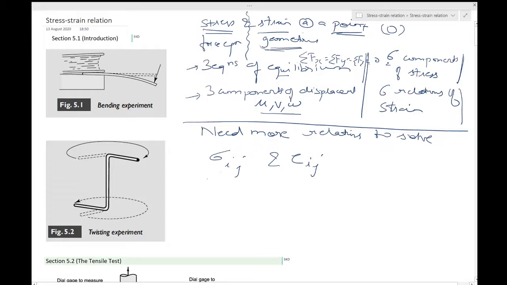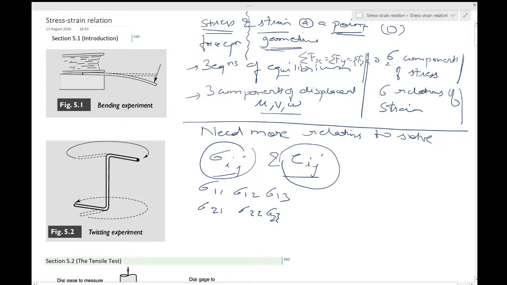You remember the index notation: sigma 11, sigma 12, sigma 13, sigma 21, sigma 22, sigma 23, and so on. So i and j can each take a value of 1, 2 or 3, so there are a possible 9 combinations in total. That's how I will write sigma ij and epsilon ij. This one symbol means that all the 9 components can be written using this, with i and j both going from 1 to 3.